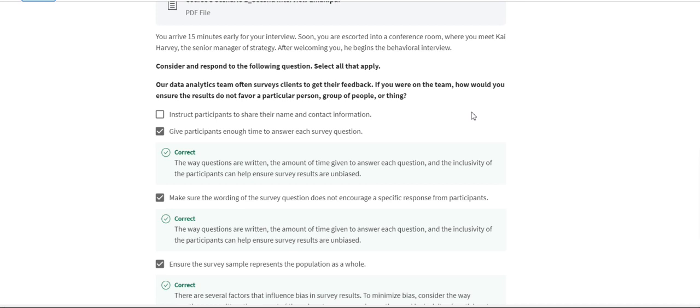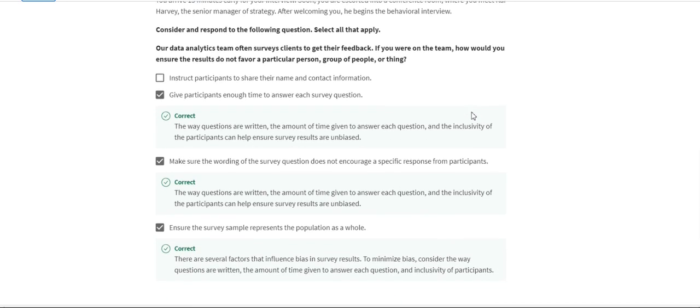The sixth question will be: our data analytics team often surveys clients to get their feedback. If you were on the team, how would you ensure the results do not favor a particular person, group, or thing? So it is asking about bias in data. First, give participants enough time to answer each survey so they can answer in a correct manner.